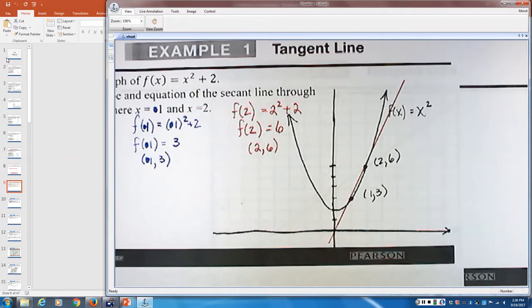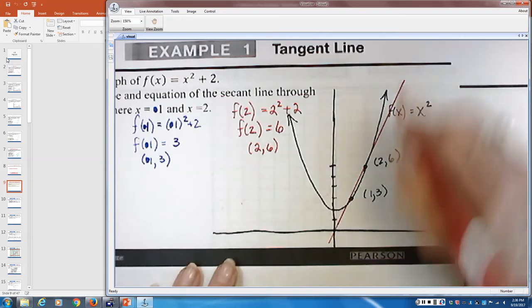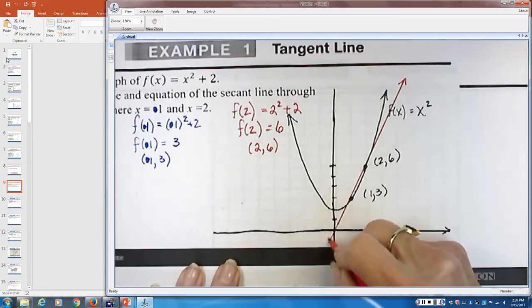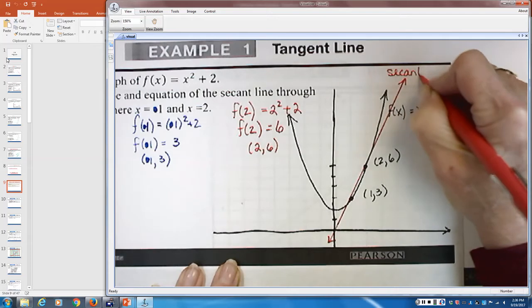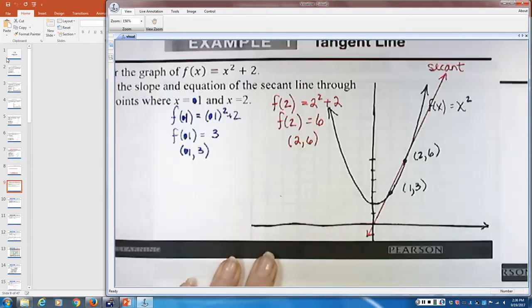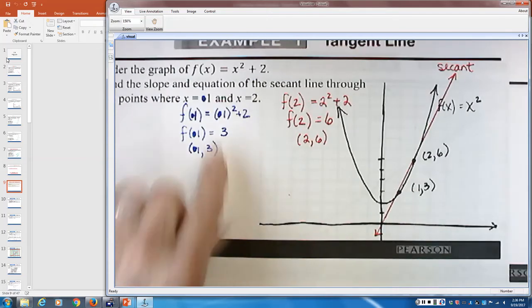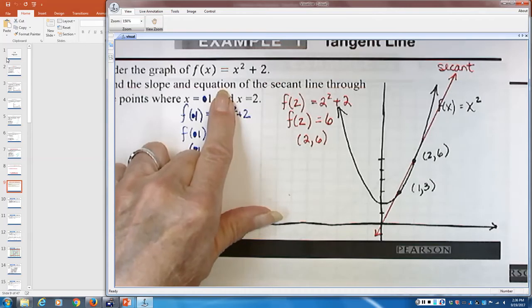So that red line is my secant line. And they want me to find the equation of that secant line.